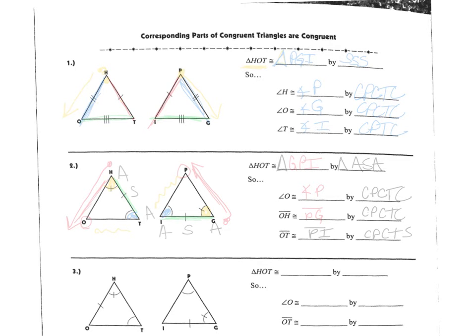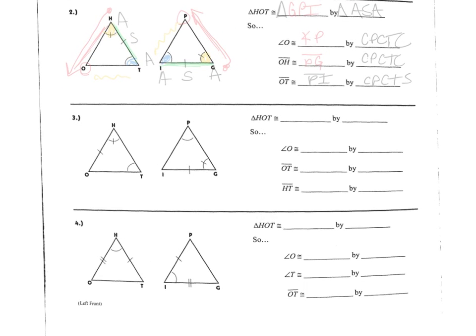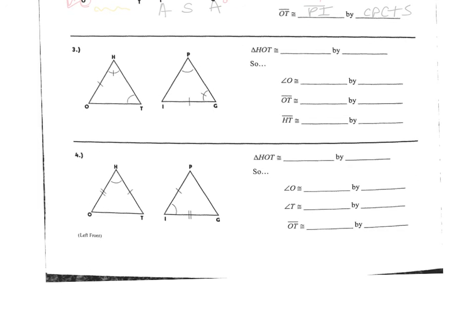If we look at number 3, we're looking at, first, we have an angle. We then have another angle.